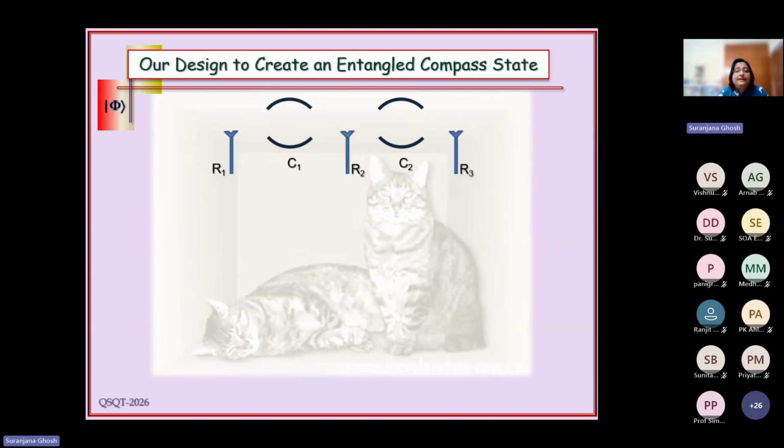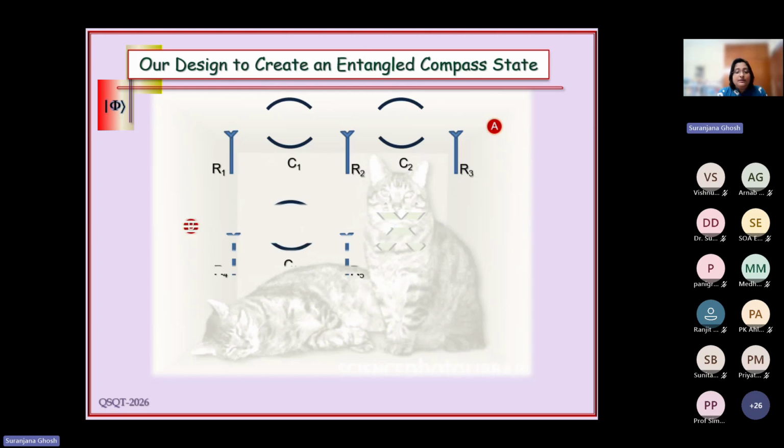Our idea is to give an experimental model which can be done in Haroche's lab. In this case, we use two cavities and three atoms are required. These two cavities hold two coherent states, and we send the atoms through one by one. The first atom interacts with cavity 1, and then also with cavity 2.